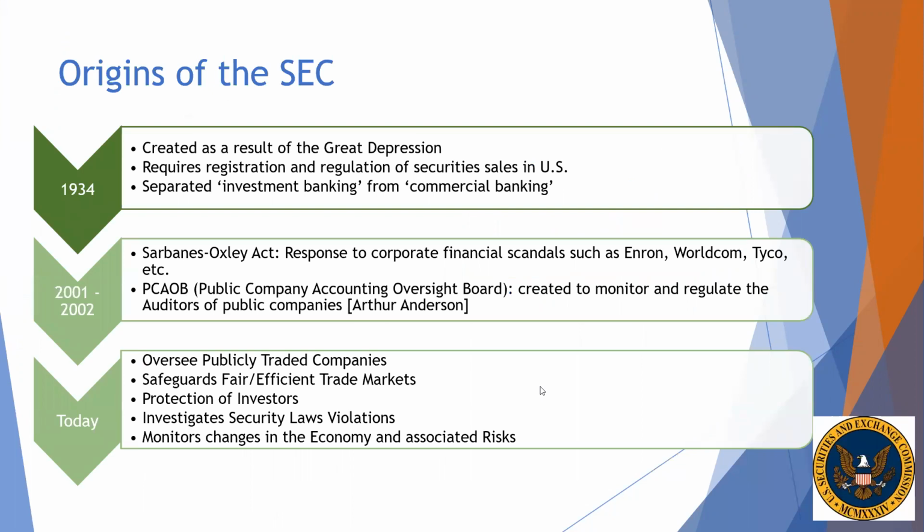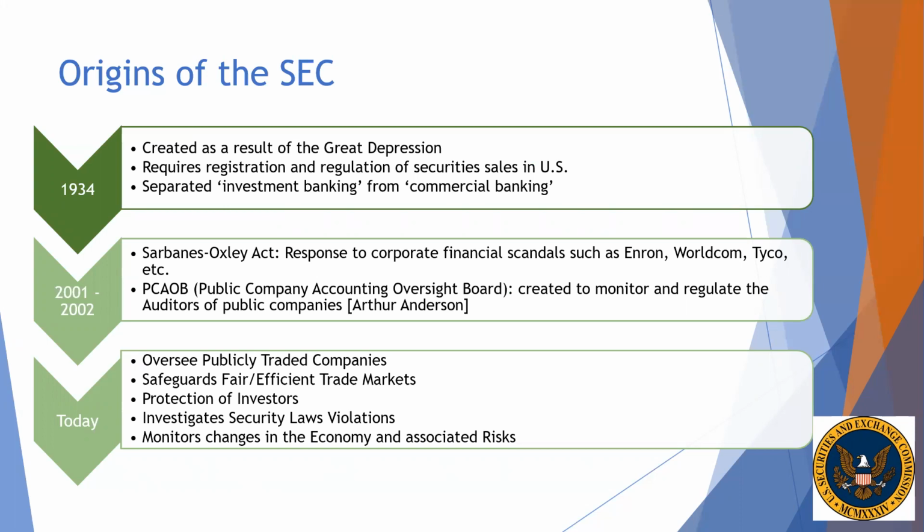Now, the SEC dates way back to the 1930s during the Great Depression, when we had the very large stock market crash. And that's when people went from millionaires to nothing. And so the Congress created the US SEC as a result of that depression.